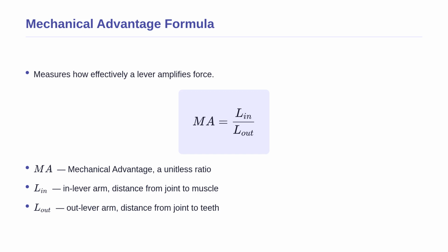L in represents the in-lever arm, which is the perpendicular distance from the jaw joint to where the muscle attaches. L out represents the out-lever arm, the distance from the joint to the bite point at the teeth. If an animal evolves a longer in-lever, the mechanical advantage increases, giving a stronger bite. If the out-lever increases, the bite gets weaker but much faster.